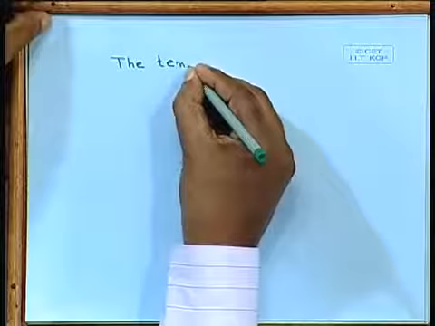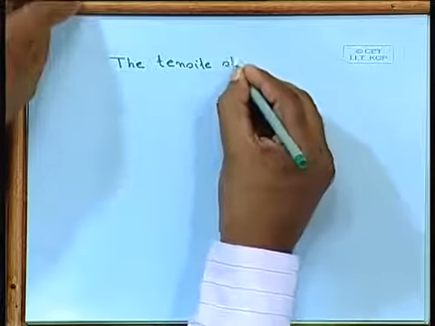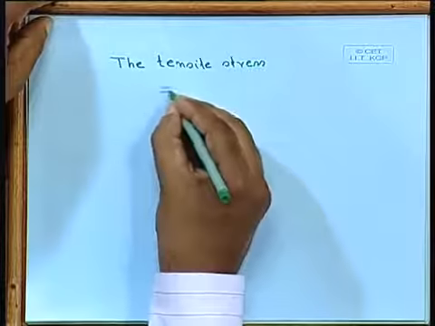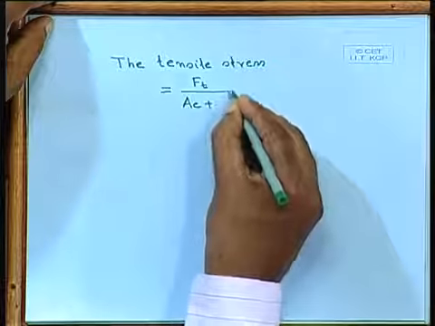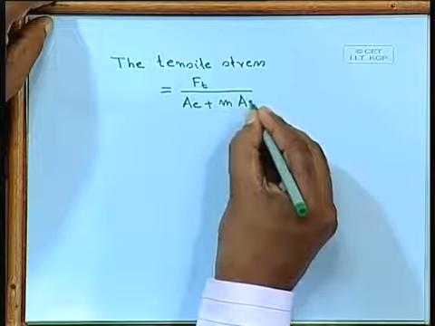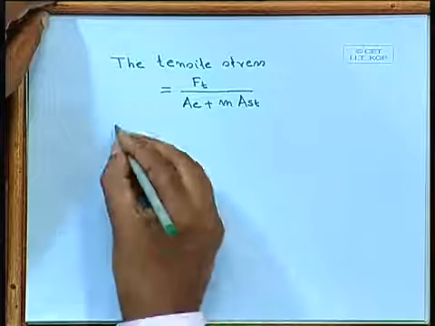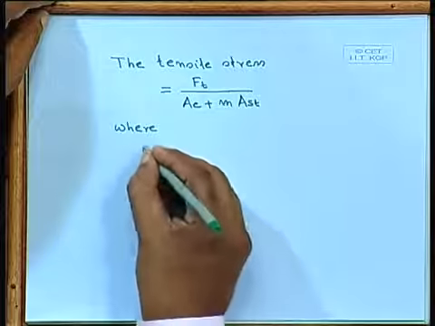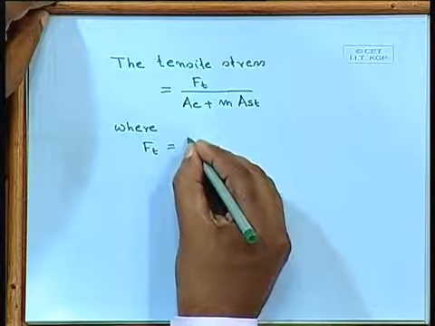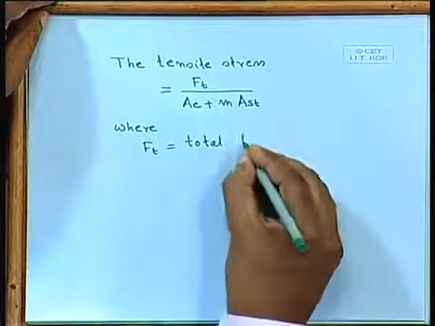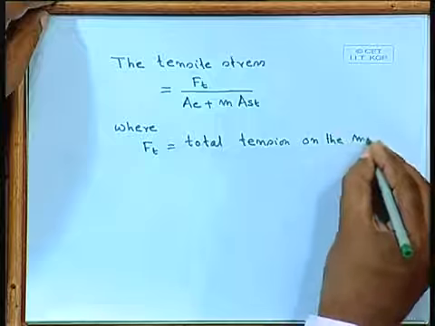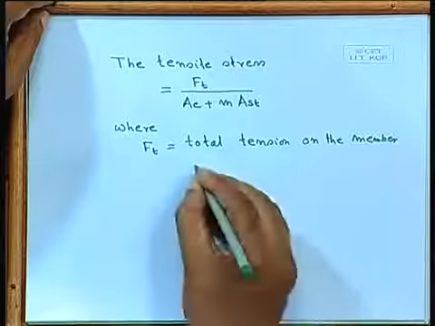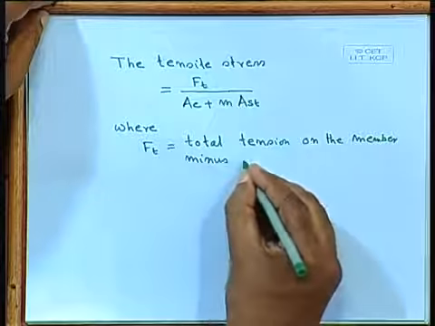The tensile stress equals Ft divided by (AC plus m AST), where Ft equals the total tension on the member minus pretension.